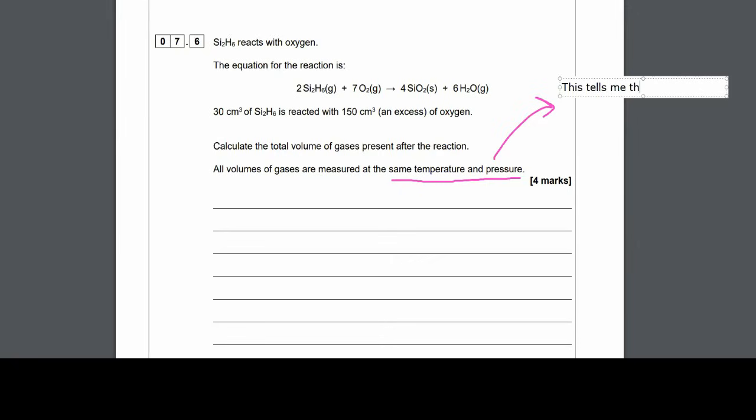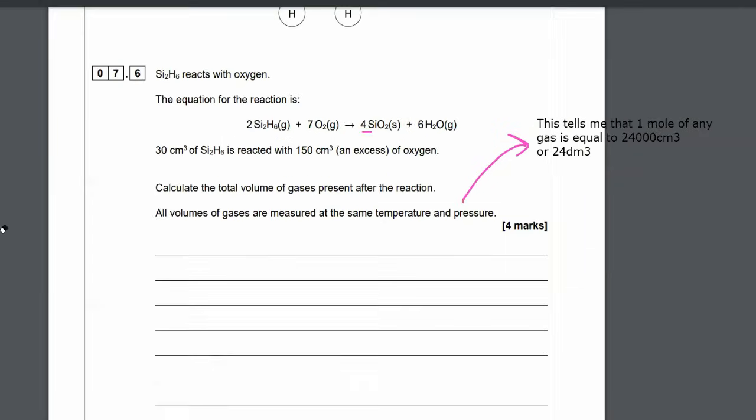This tells me that 1 mole of any gas is equal to 24,000 centimeters cubed, or if you like, 24 decimeters cubed. And that's what it tells me when you have the same temperature and pressure.